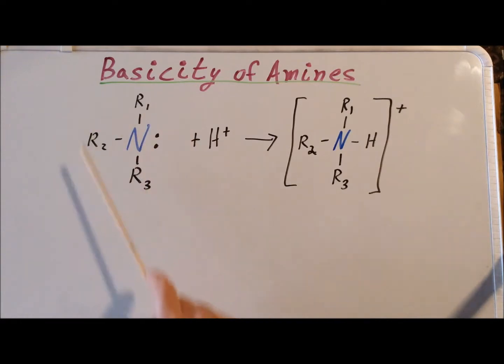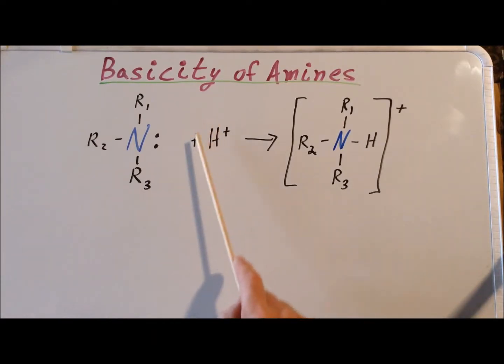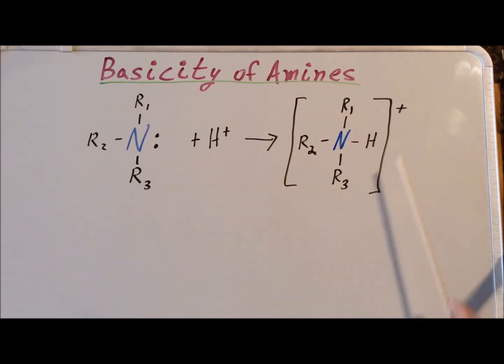And it's the tendency for amines to act as a base that we're going to talk about in this particular video. When it picks up a proton, H+, it forms an ion that has a +1 charge, in which the lone pair on nitrogen has now been converted into a nitrogen-hydrogen single bond.